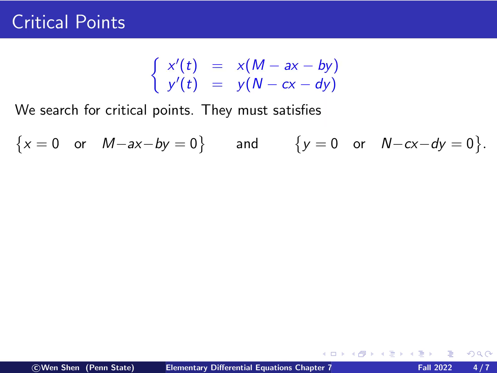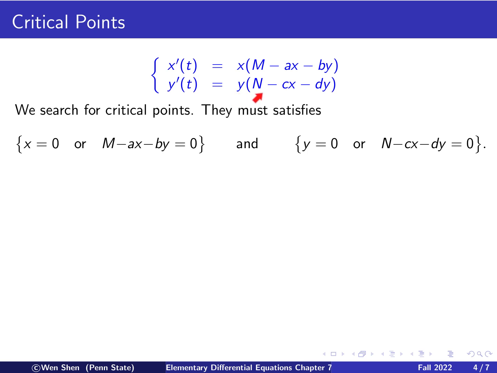Now we search for critical points for the system here. We had plenty of practice in the previous video, so we know we have an algorithm. These two equations on the right hand side are both factorized, so it's easy to conclude. We want the first equation to be 0, which results in two possibilities: x equals 0, or the second factor is 0.